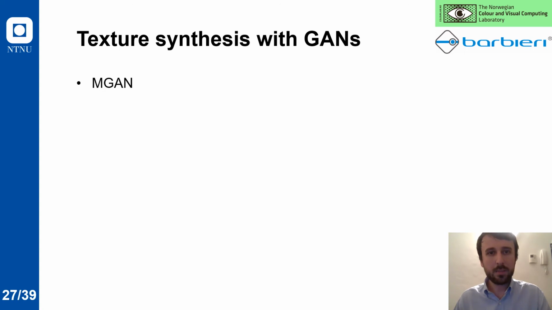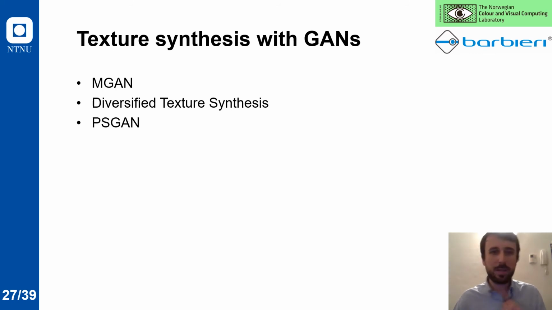First of all, we have MGAN, introduced in 2016, which essentially tried to improve traditional deep learning synthesis methods by applying GANs with Markovian feature encodings. Then the same group proposed a network that learns to synthesize multiple textures at once using a generator and a selector network.